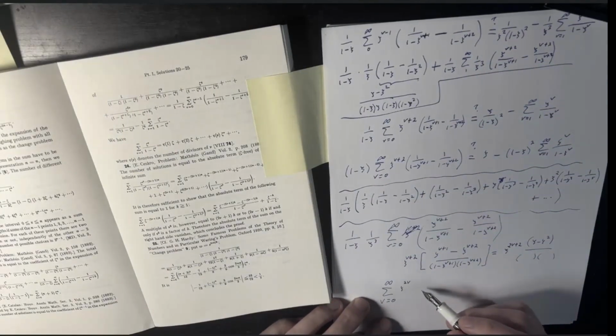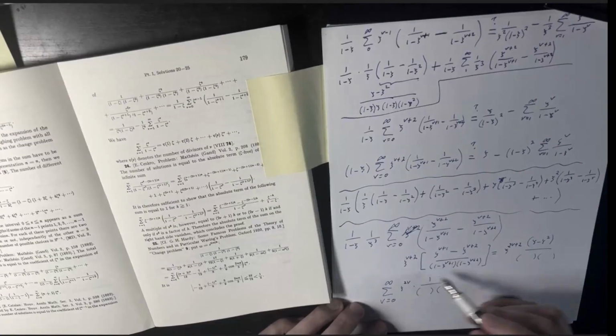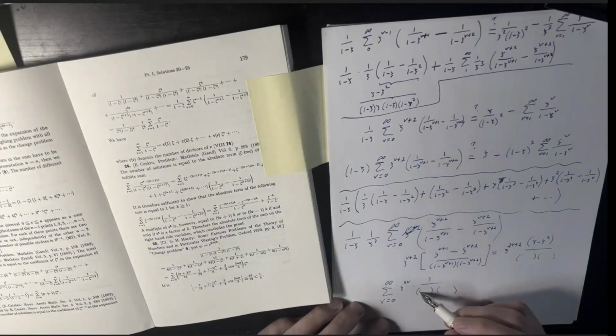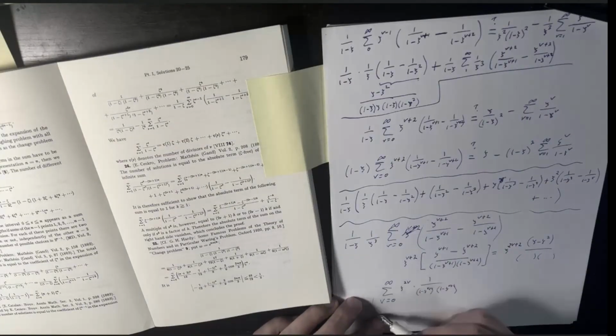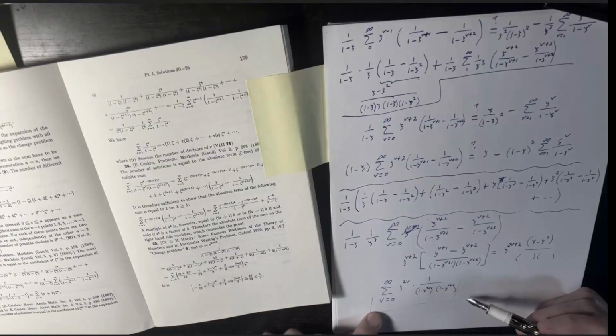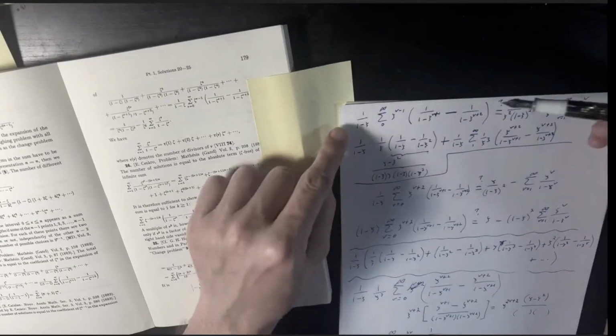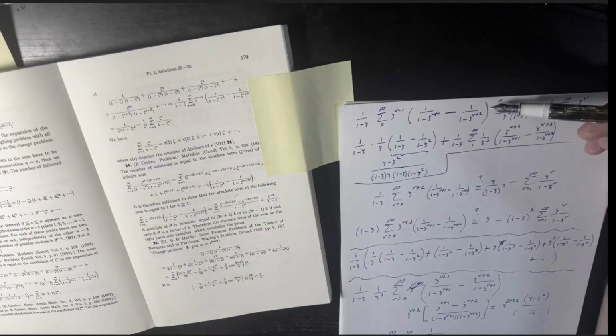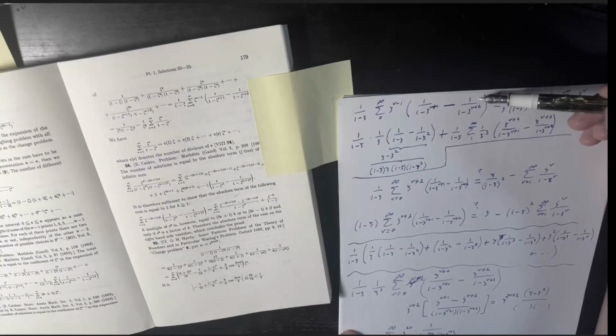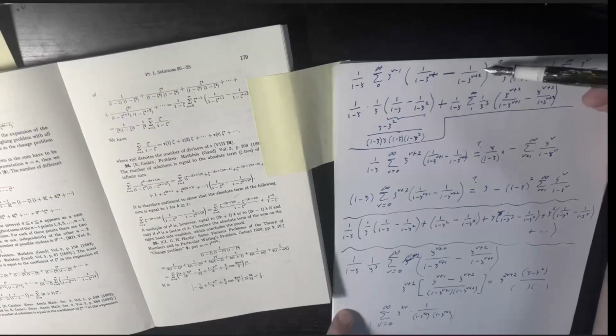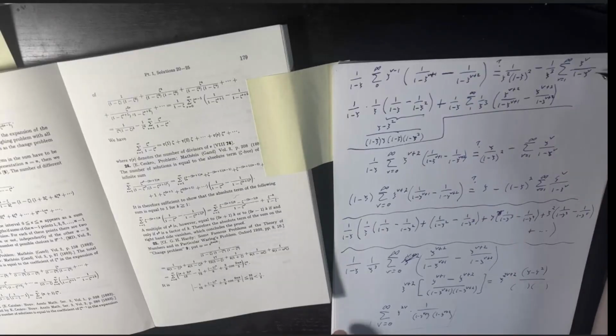So this is stupid. This is where it came from. This was the original series that we had. So we went from here to this left-hand side. And I'm trying to get from there to here.